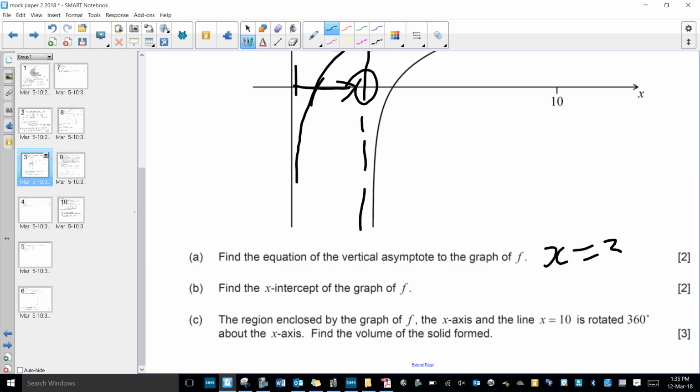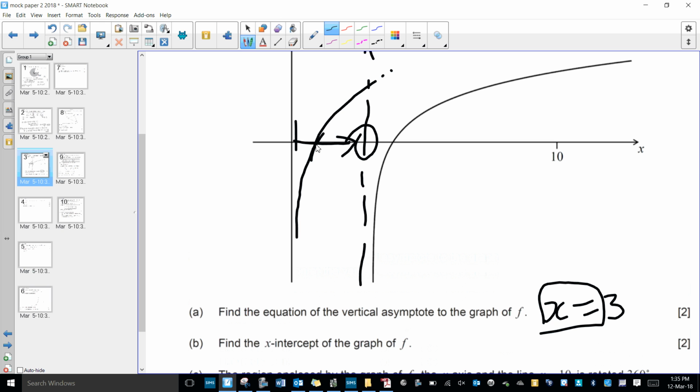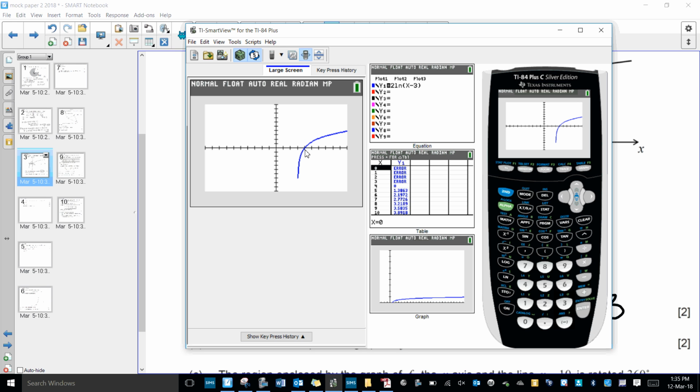Find the x-intercept. We know that that happens when the value of y is 0. So we're solving that the function equals 0. I just said that this point normally for a log graph goes through 1. So this one's going to have to be the value of 4. So I know that. If you weren't sure, you can look at your screen on your graph. You can see that this is the value of 4. It says here y is 0, x is 4. Lots of different ways of doing it.